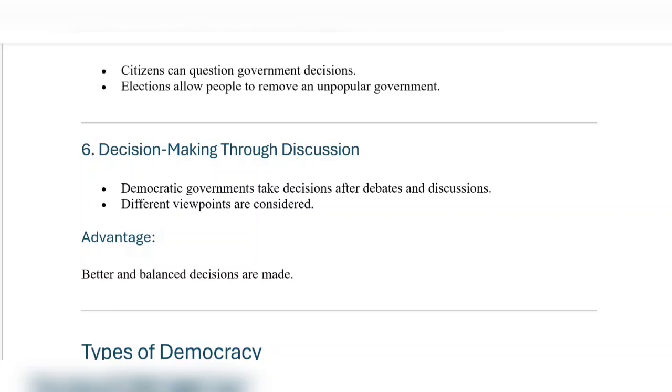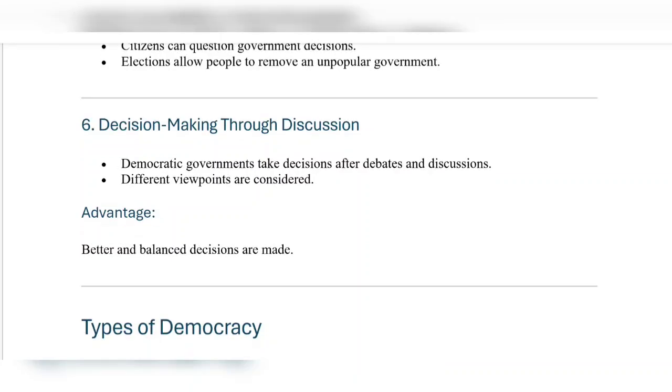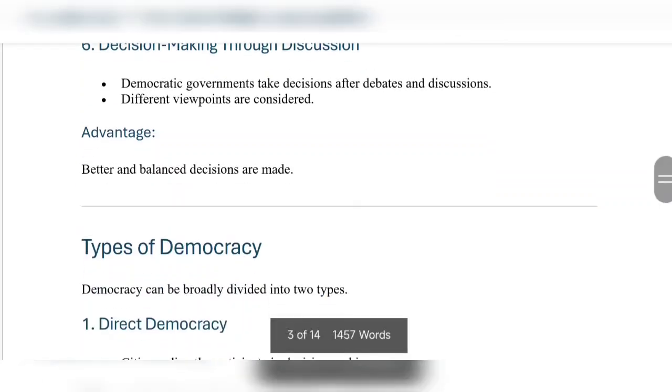So it is a very good part of democracy. Okay, and different viewpoints will be considered. It happened when the constitution was being made. The constituent assembly used to do such arguments every day to include and to not include the provisions which today we have in the constitution. So yes, it is very important.